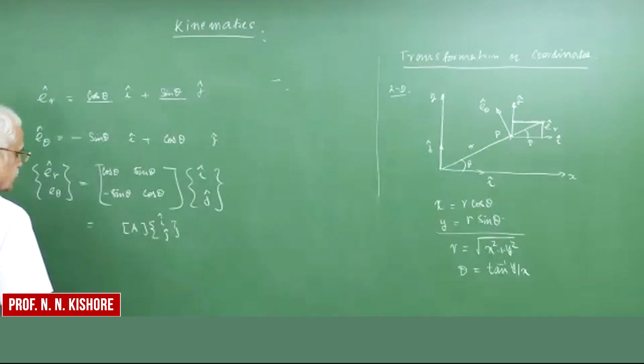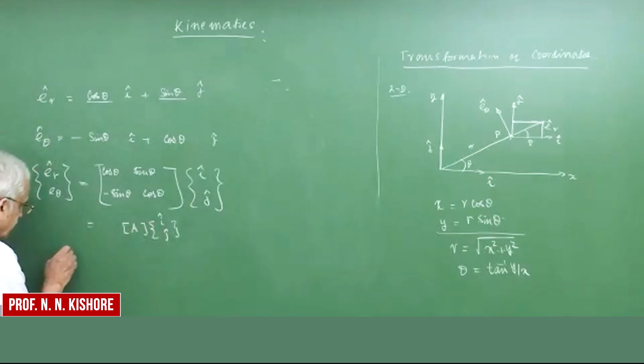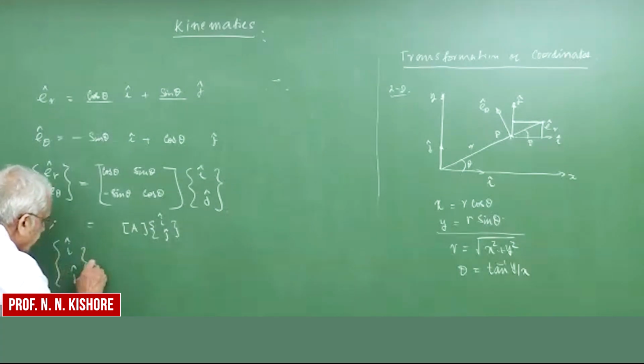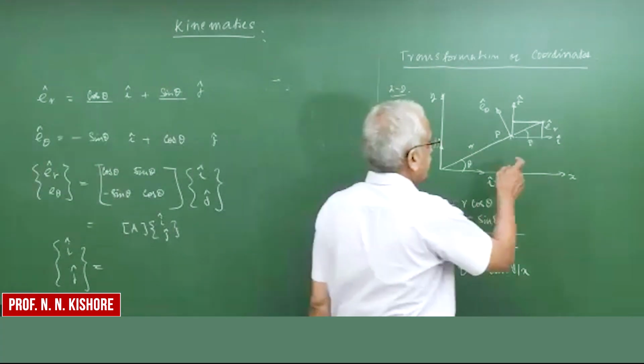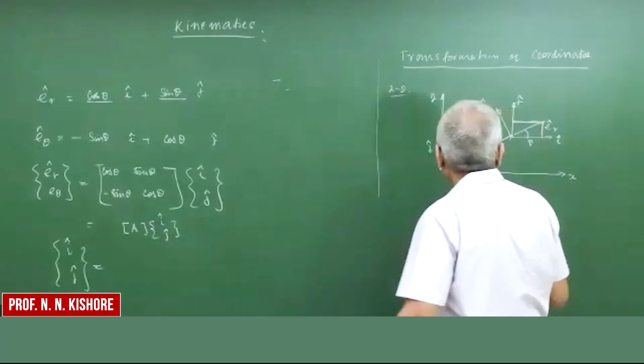And we can also see i, j can also be written in terms of e_r, e_theta. That's also possible.